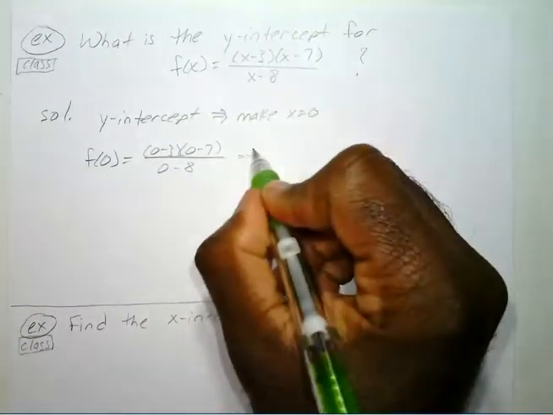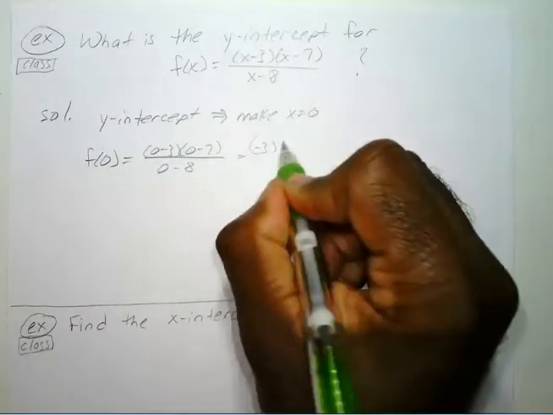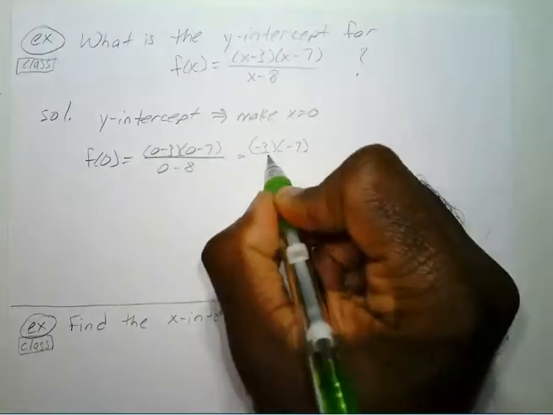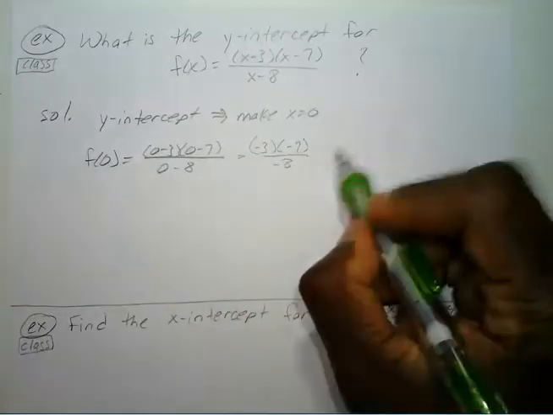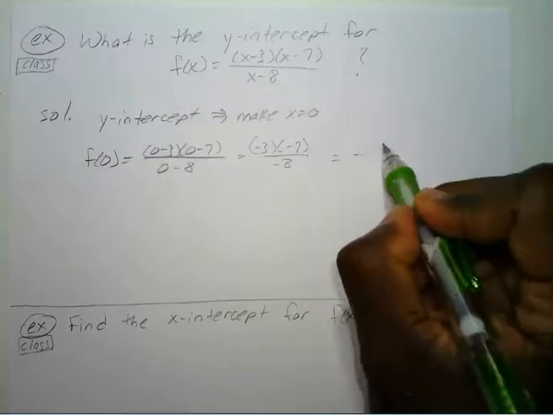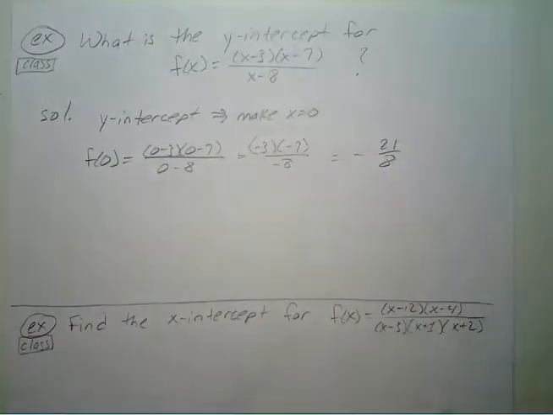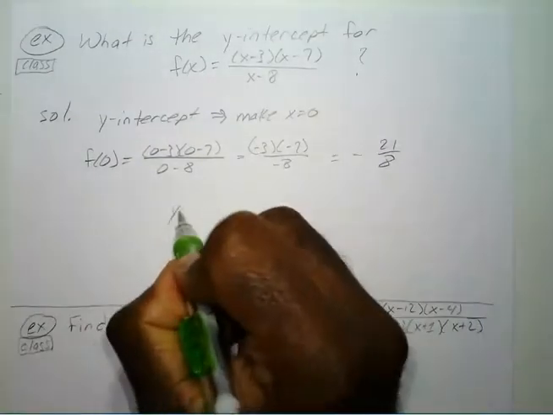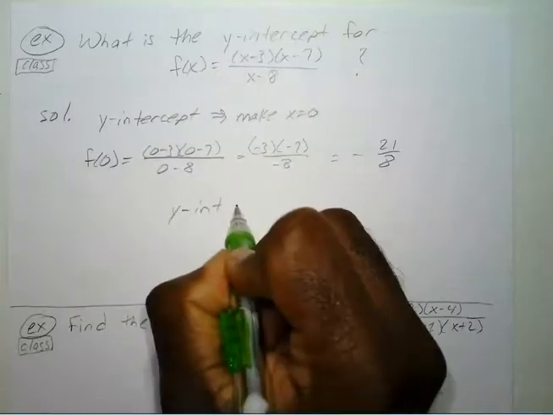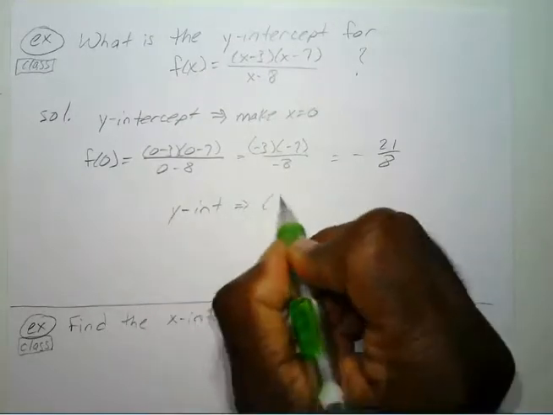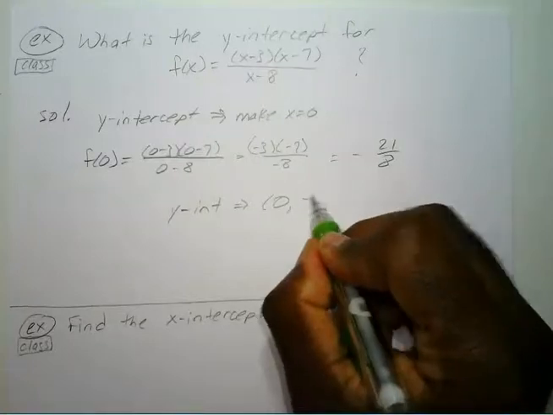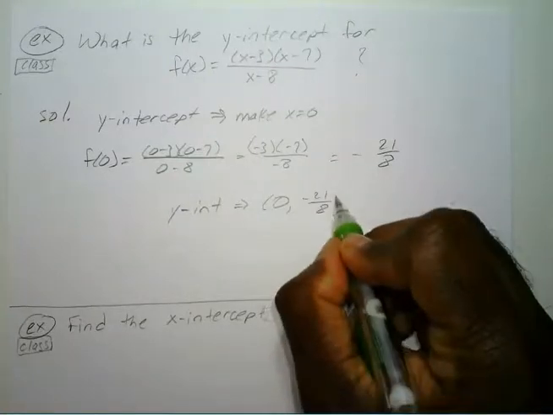That gives us negative 3 times negative 7 divided by negative 8, which is negative 21 over 8. So your y-intercept is when x equals 0, y equals negative 21 over 8.